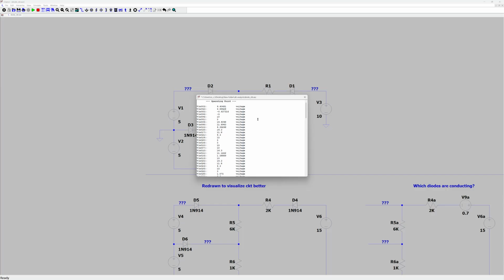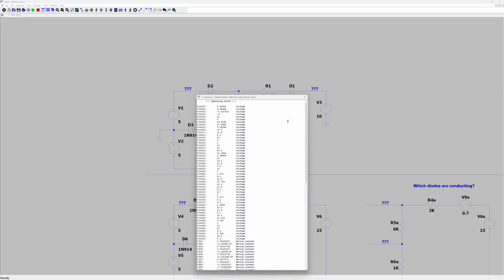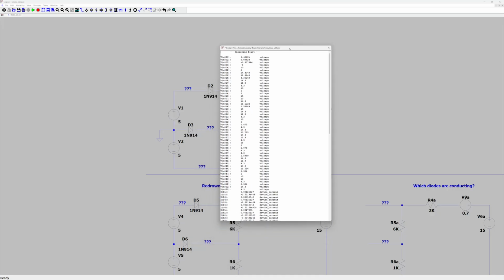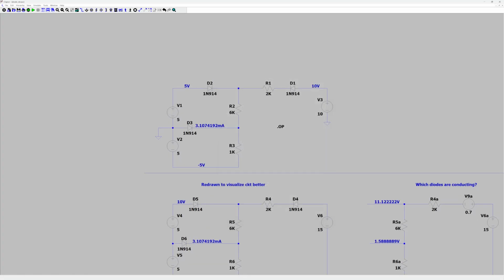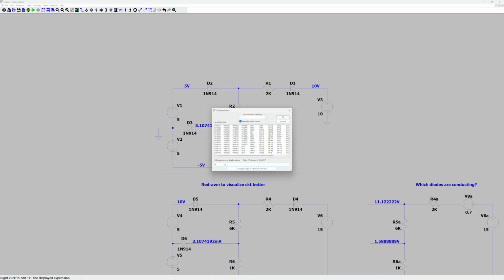I'll get this table, and there's a lot of stuff in here, and it's always fun to sort through this table and try to figure out what's what. And so I close that, and these values show up. Now if I right click on it, there's this wildcard $. I call it a wildcard.